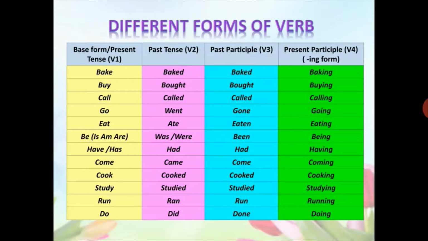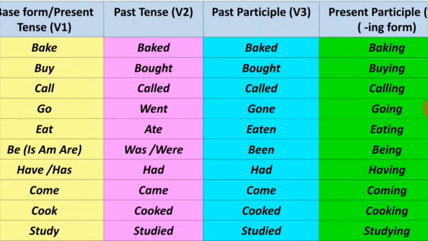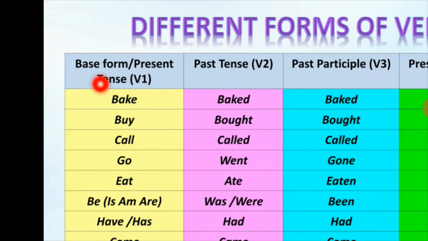Different forms of verb. Here in this table you can see different forms of verb. I have taken some examples of the verb and their different forms. Let's see them. Base form or present tense is labeled as V1. I have already told you that the base form of verb and the present form of verb are mostly identical.